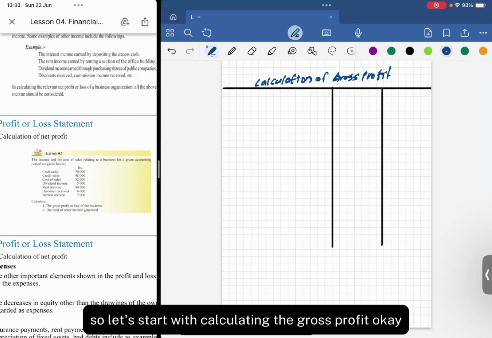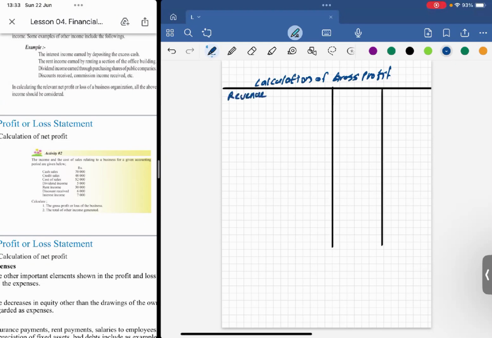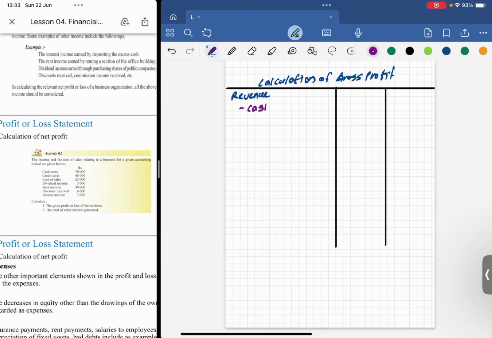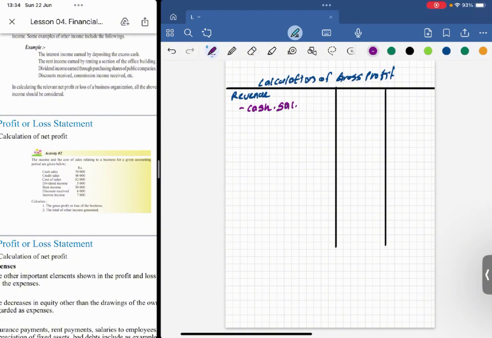Let's start with calculating the gross profit. First we have to calculate the revenue. When we calculate revenue, we have cash sales, which is 70,000.